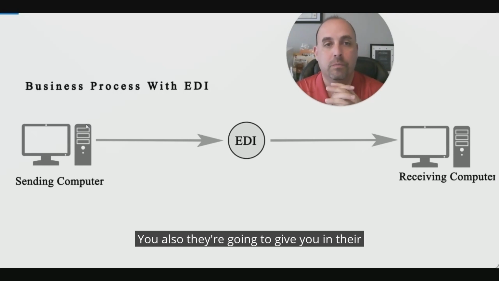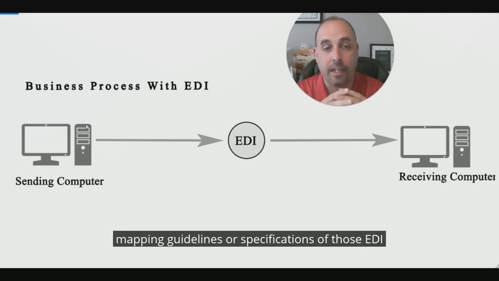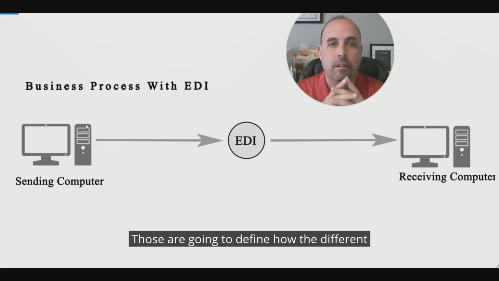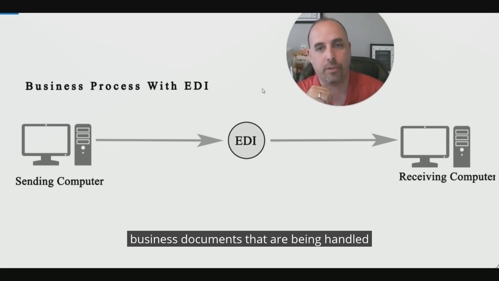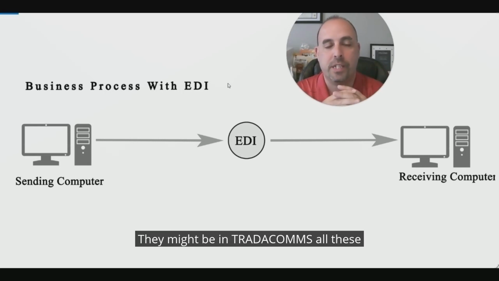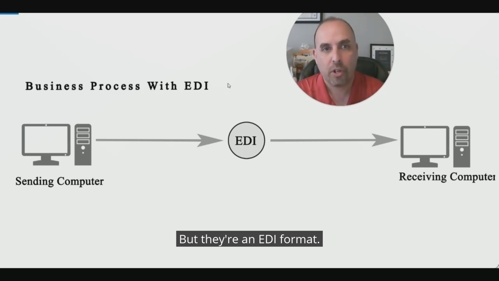They're going to give you their information, which can be referred to as mapping guidelines or specifications of those EDI documents. Those are going to define how the different business documents being handled through EDI are going to be formatted. They might be in ANSI X12, they might be in VICS, UCS, TRADACOMS, all these other different flavors that are out there, but they're in EDI format.